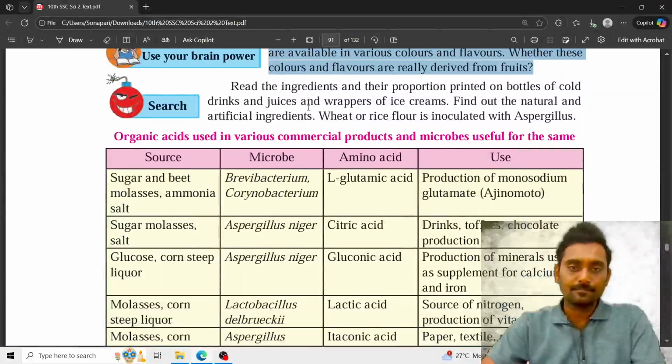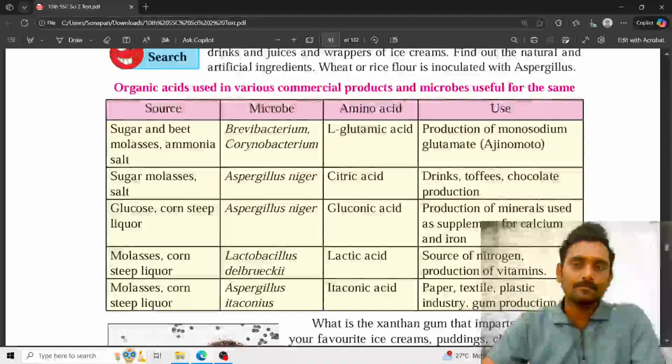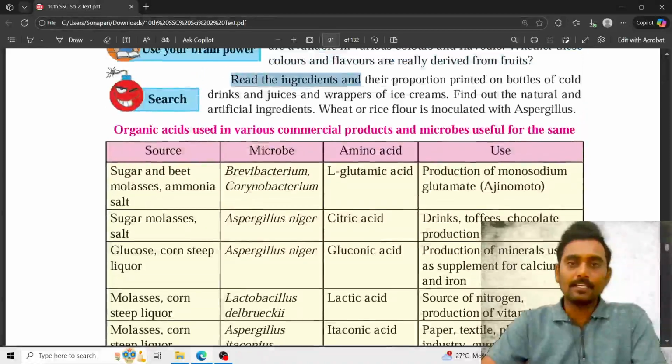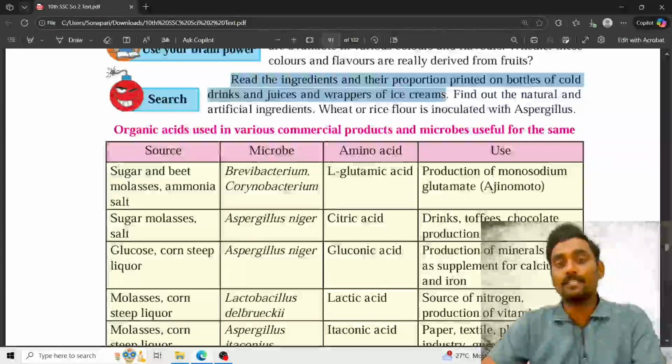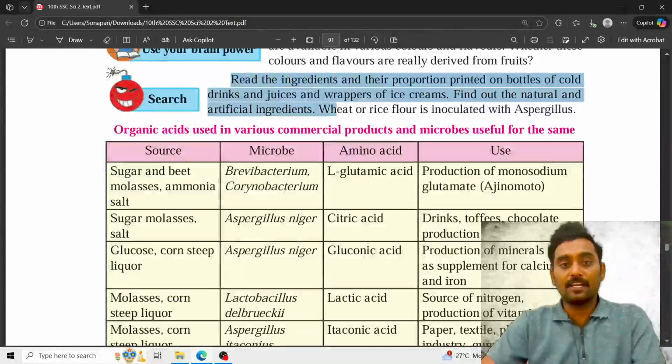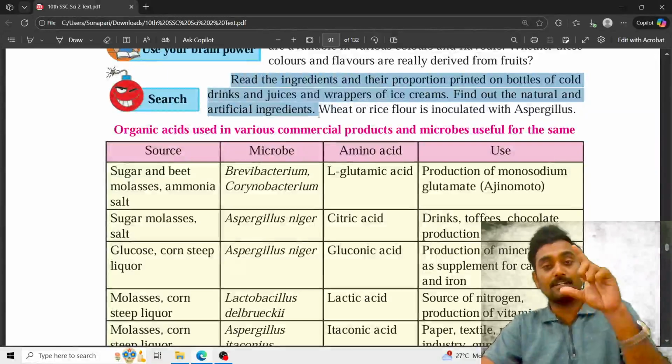Okay, so read the ingredients and their proportion printed on the bottle of cold drinks and juices and wrappers of ice cream. Find out the natural and artificial ingredients which are present inside it.